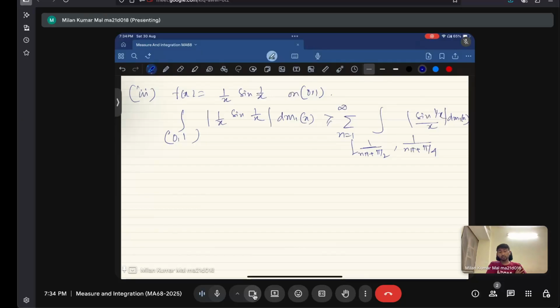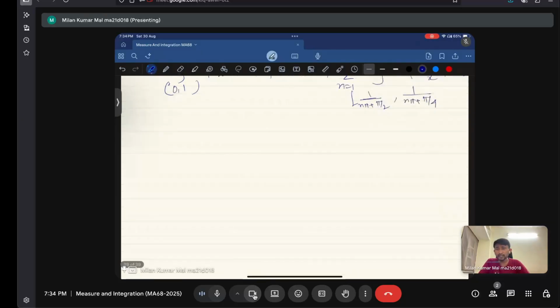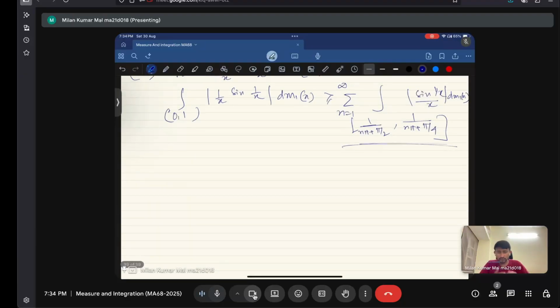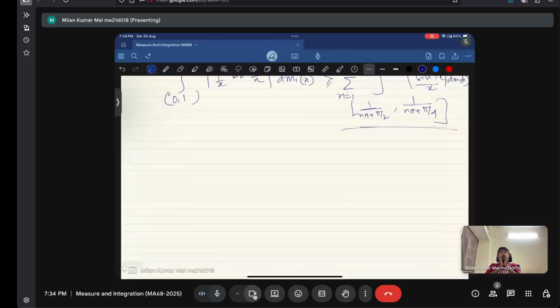So what is the issue? The issue is that you have the (0,1) interval, but here we are not taking the full interval. Think that we have (0,1) and we have taken very small subintervals, but not taking all the subintervals constituting (0,1), only taking disjoint ones.